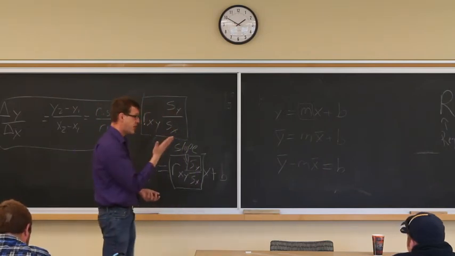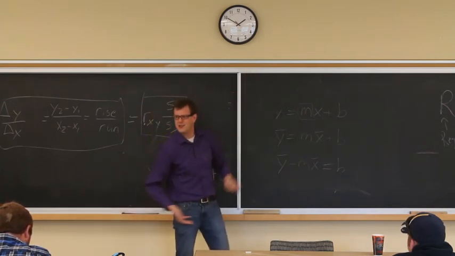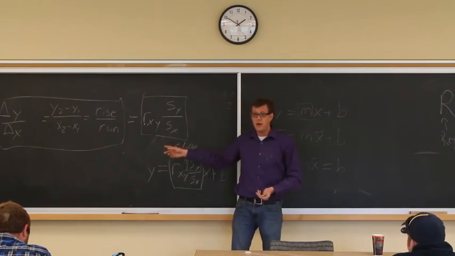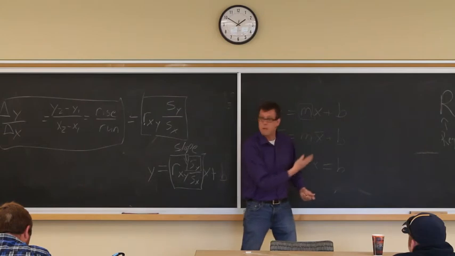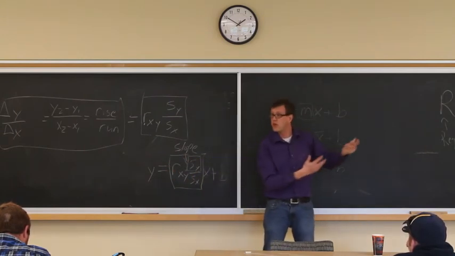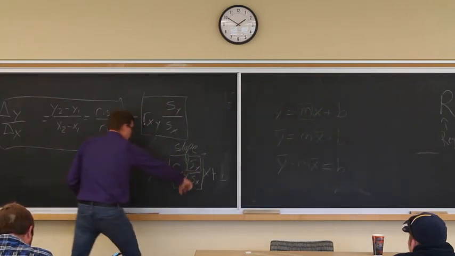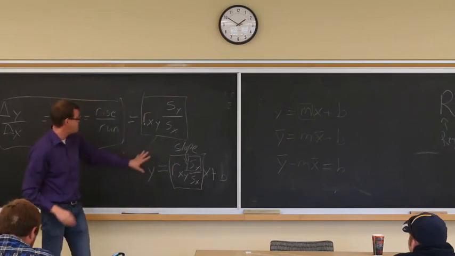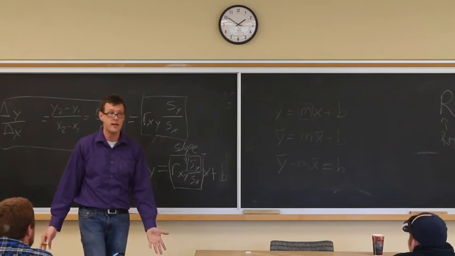Then the slope is just the average rise over the average run times the correlation, because it's not probably going to be a perfect rise over a perfect run. And that correlation tells us how much of the rise is associated with that run. So we multiply the rise over the run times the correlation, and then we can substitute in the values for our means to calculate the intercept.